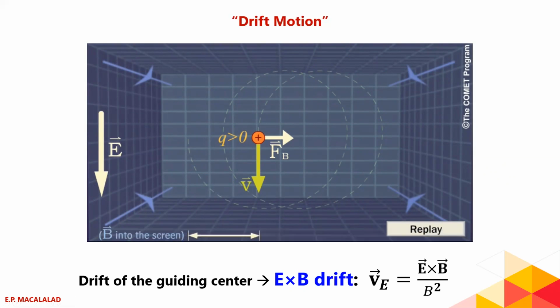So that is just one kind of drift motion that your particles or charged particle in the space environment do.